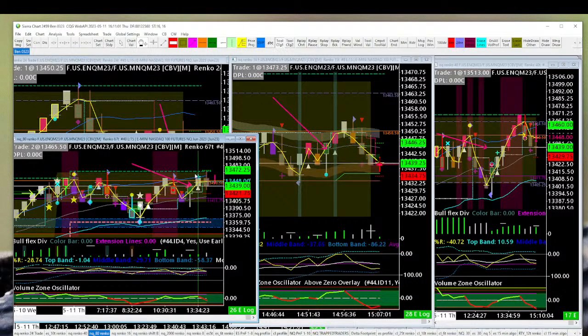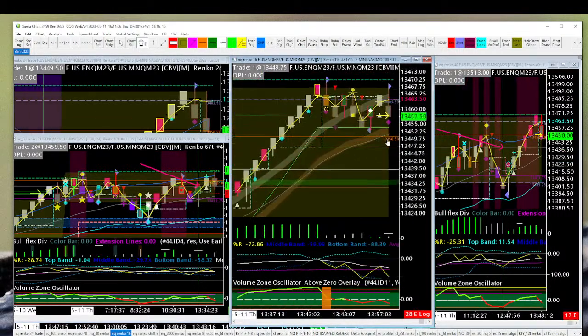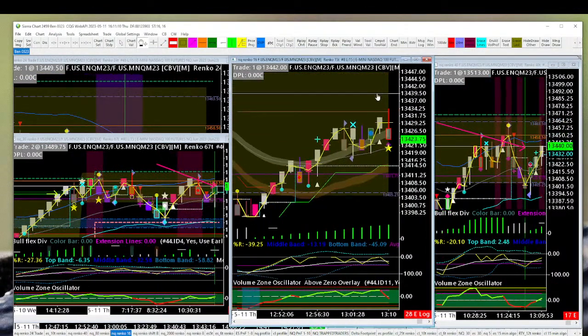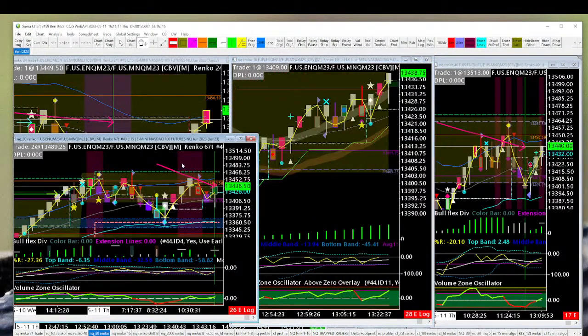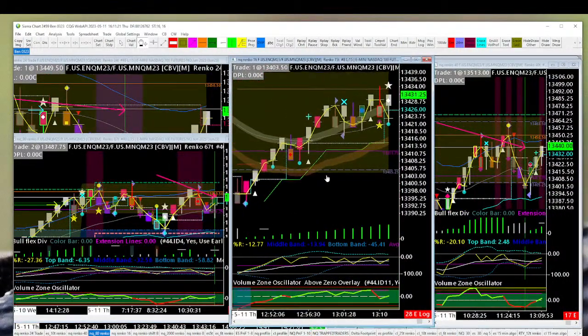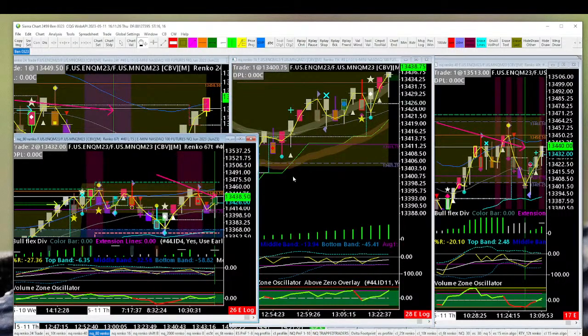So on the higher time frame, that occurred and closed here. This is the open, so the green is the open of the bar, and the close is at 38.50.